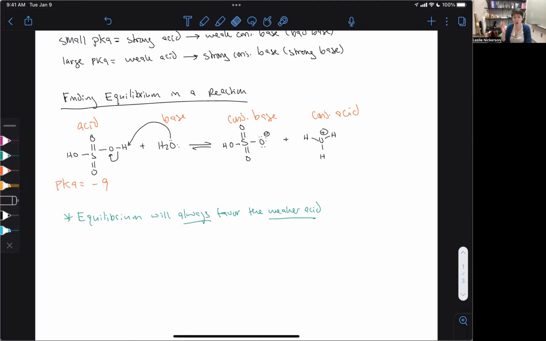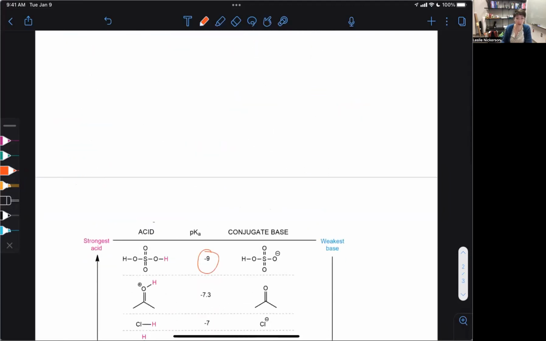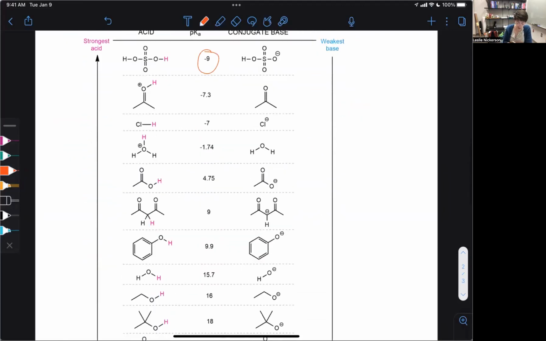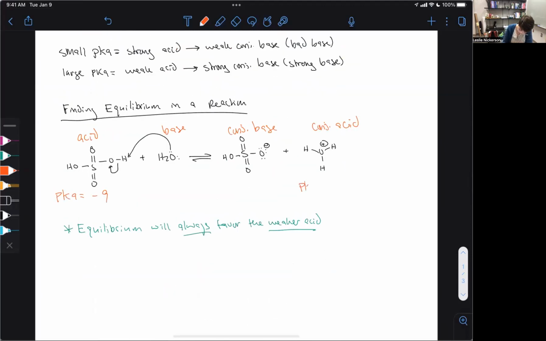So pKa's are only with acids. What I need to do next is find the pKa for this hydronium, which is my protonated water. And if I go down to my chart, I can see that that is -1.74. If you just go to 2, I don't care, we can round it.